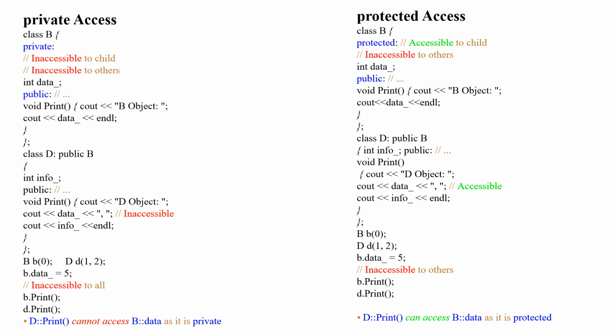It successfully prints out the value of data underscore, which is 1, inherited from B, and info underscore, which is 2. So in summary, protected members can be accessed by derived classes, allowing them to modify and use those members, but they remain inaccessible to code outside the inheritance hierarchy.